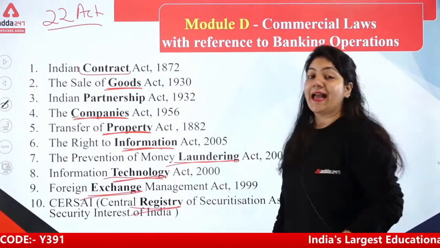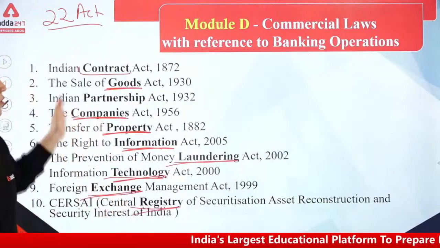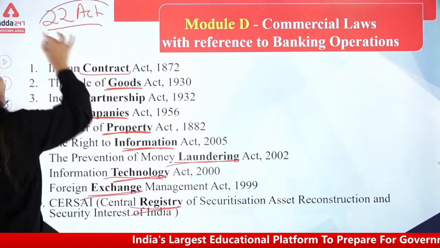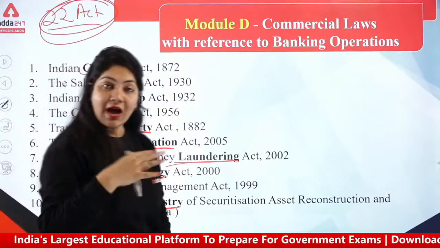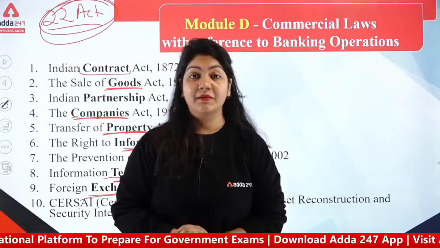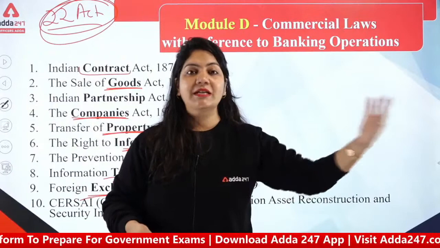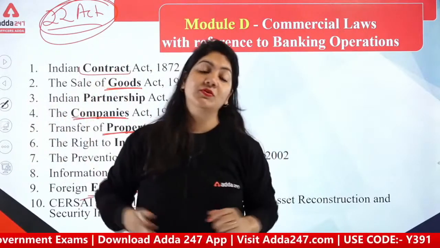So the total acts in your modules A, B, C, D, 22 acts you have to learn in your LRAB part. You know, in our graduation, we mostly covered 50 plus acts, and in post graduation, 20 plus acts. So we learned 70 laws in our graduation and post graduation.